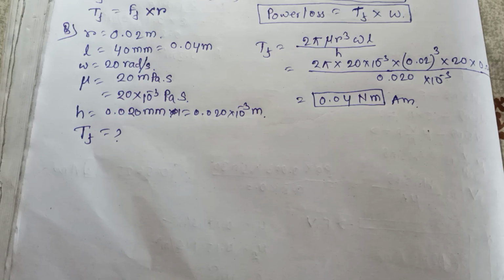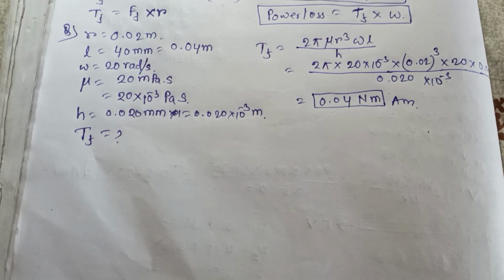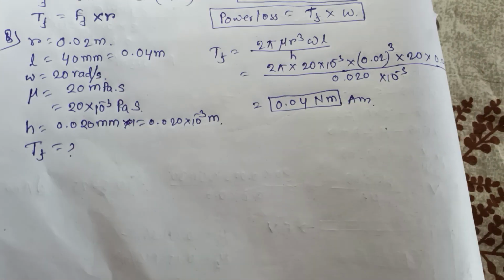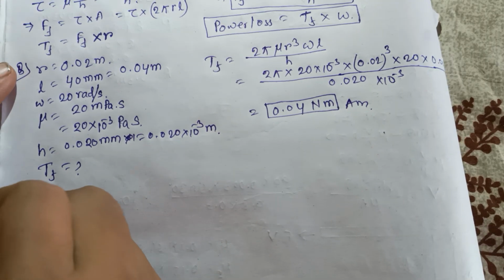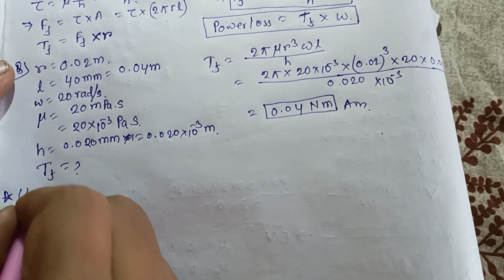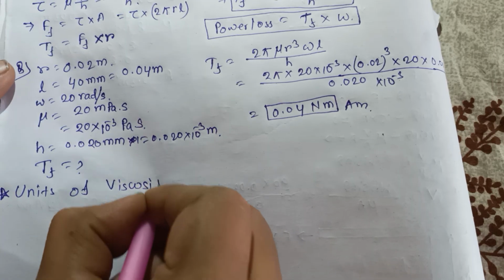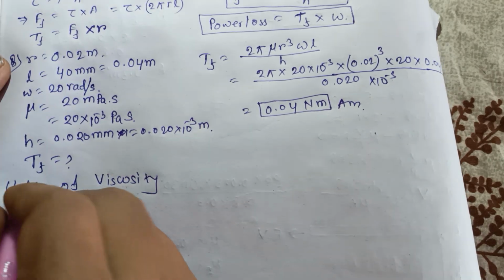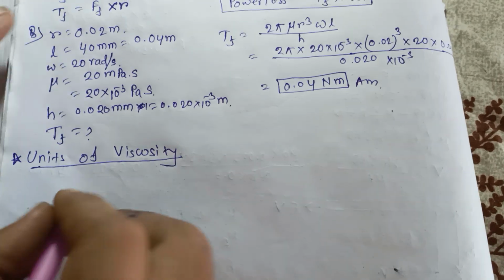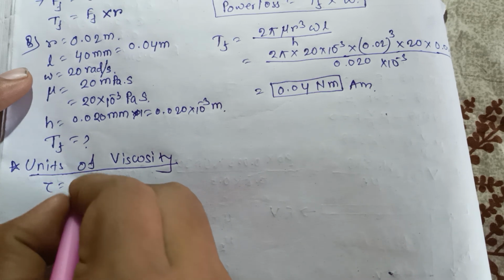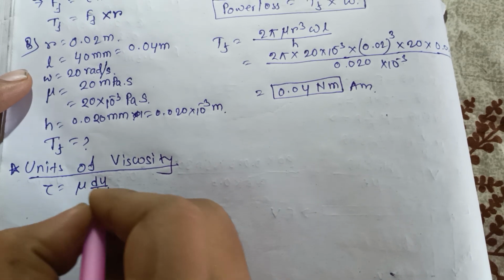Okay, now we will see the units of viscosity. We know the formula tau equal to mu into du by dy.